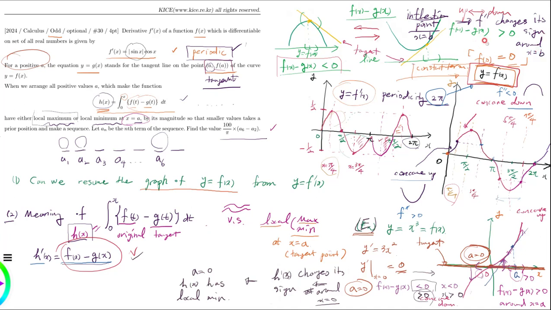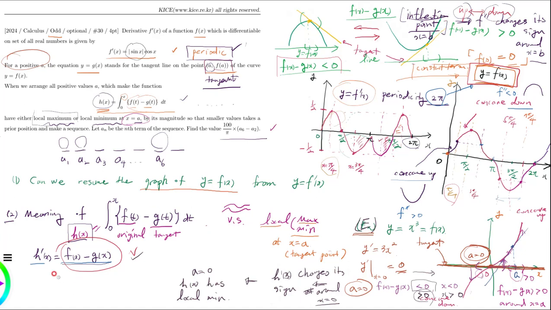When the sign of the second derivative changes around a certain point x equals b, then the shape of the graph of f of x changes from concave up to concave down, or concave down to concave up, and we call it an inflection point.